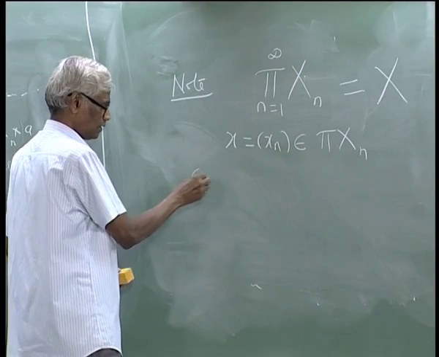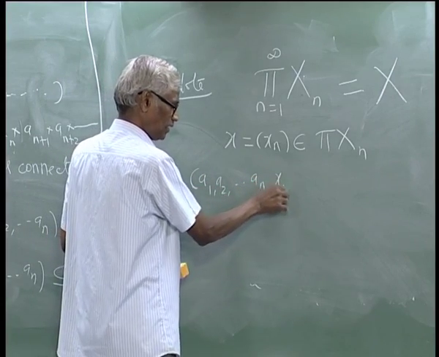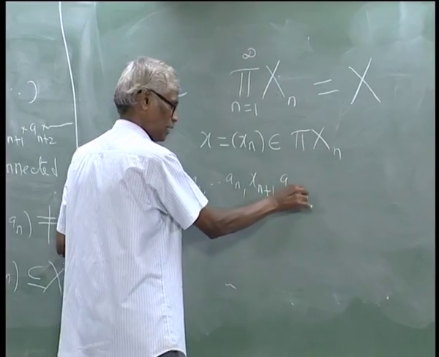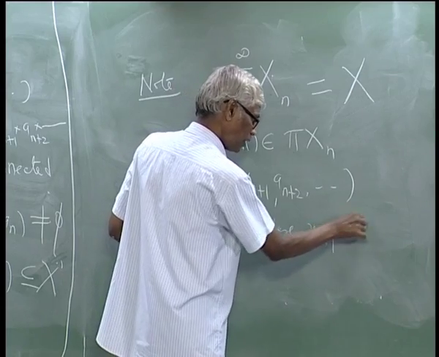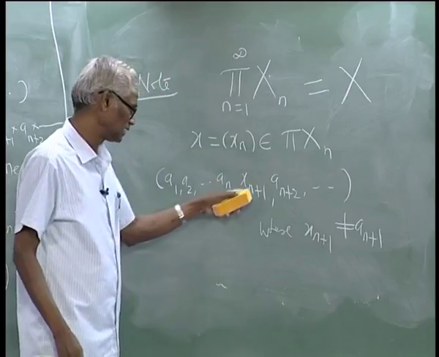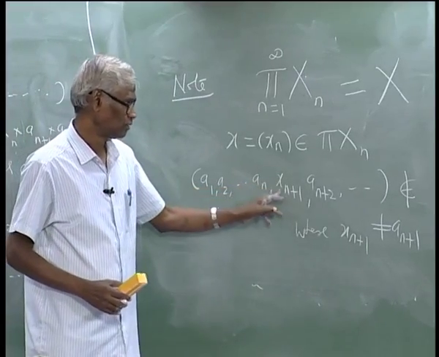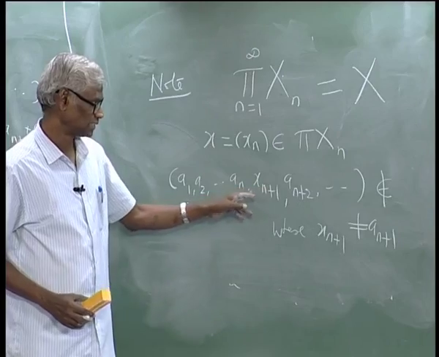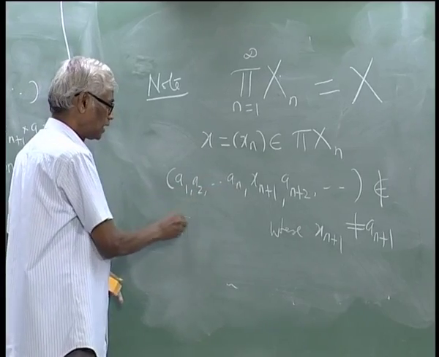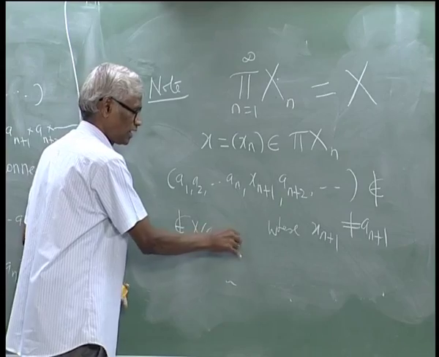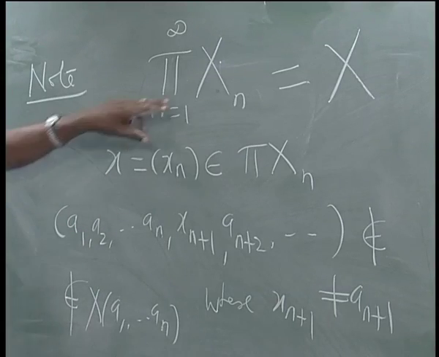So, if we take an element A1, A2, ..., An and we take xn+1, even xn+2, where xn+1 is not equal to a(n+1), then this will not belong to X(A1, A2, ..., An), because a(n+1) should be there. Similarly, for each element here.